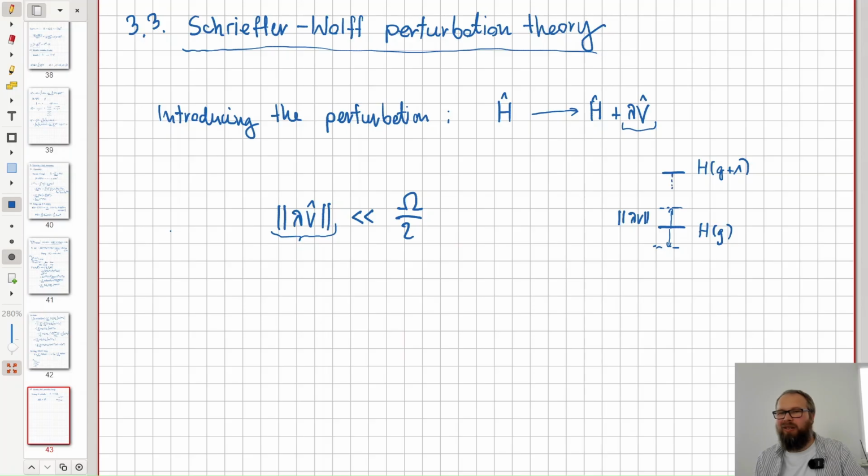But this can also be moved by the same lambda V. So if you want to prevent them from closing the gap, you would require that this perturbation is smaller than half of the gap, to avoid the problem that one is dropped down, the other is increased, and now they overlap, and the gap is closed.